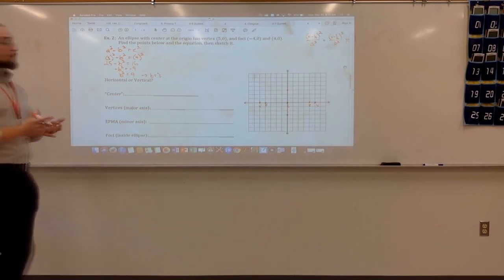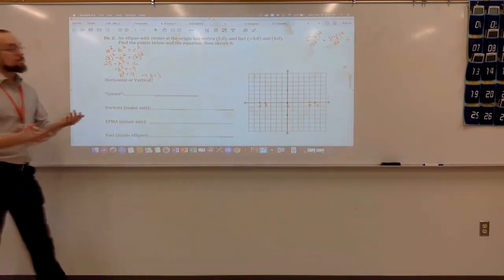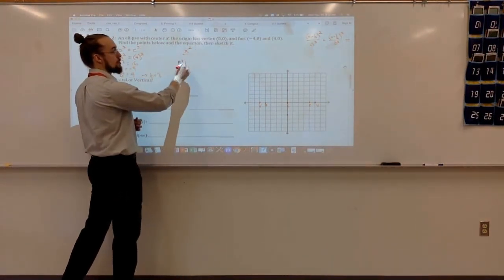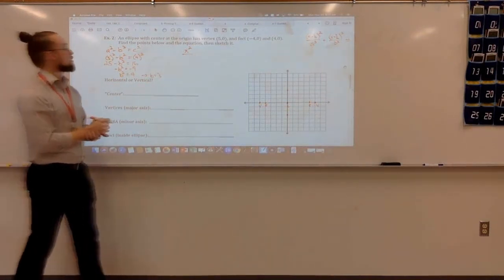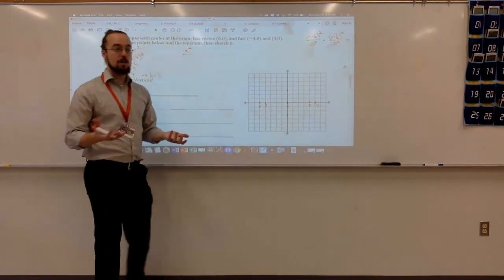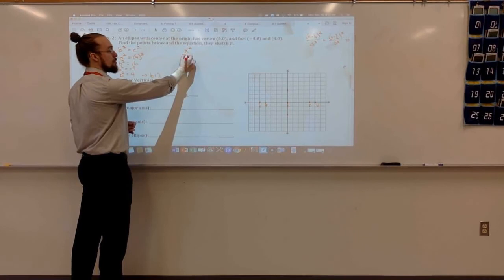So now we still need to put all of this together into an equation as well. My center is at 0, 0, so I'll just have x squared over the distance from the center to the vertex, which is 5, so 5 squared. It doesn't matter if we write it as 5 squared or 25.